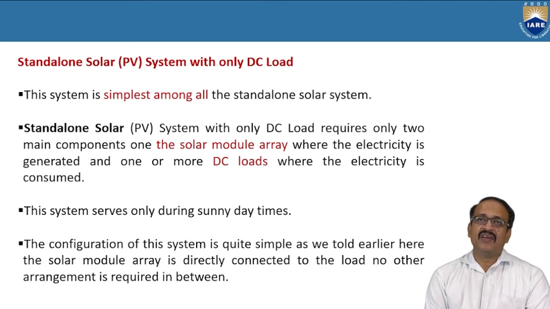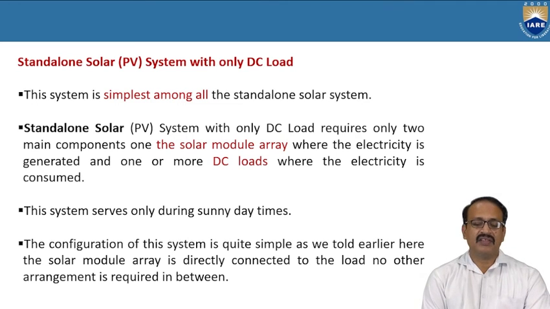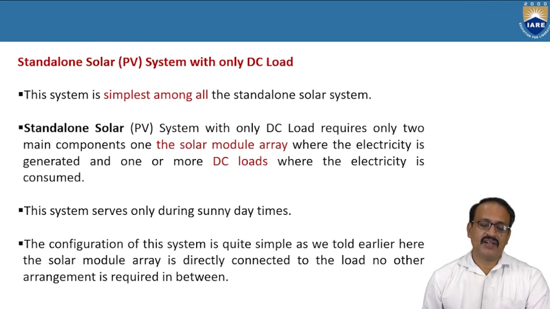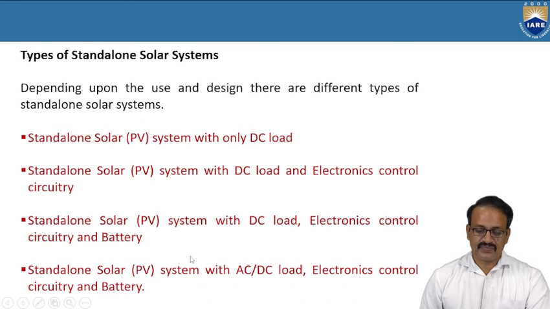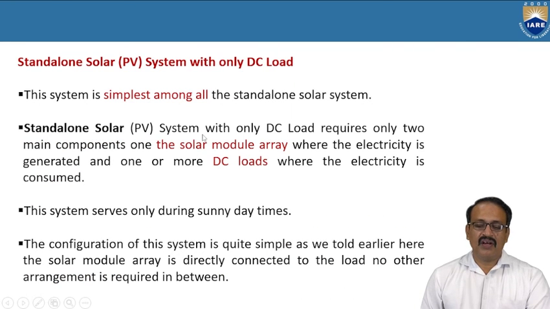As the name itself says, it is PV arrays and load with only DC. A system with only DC load requires only 2 main components. What are they? The solar module array, that's all, and the load. So one will produce the power and the other will consume the power.